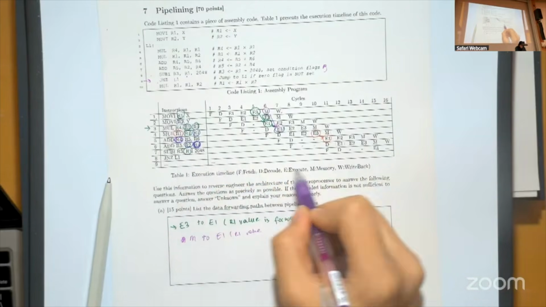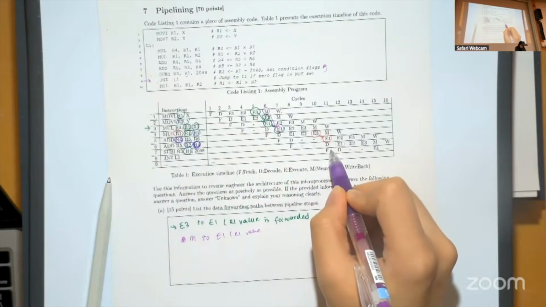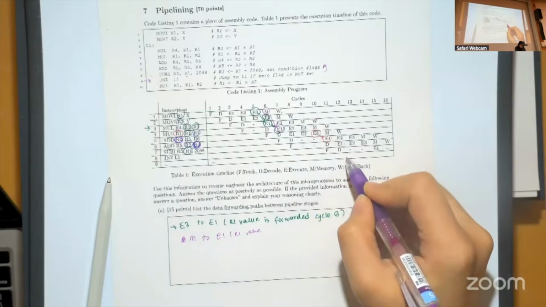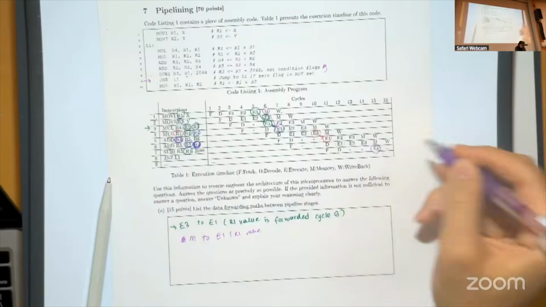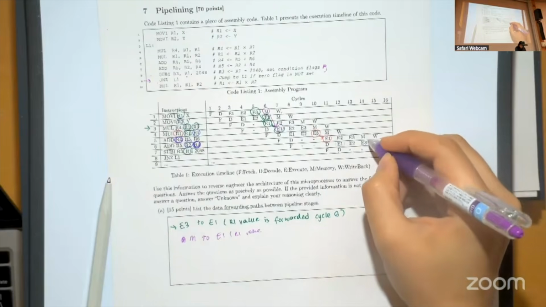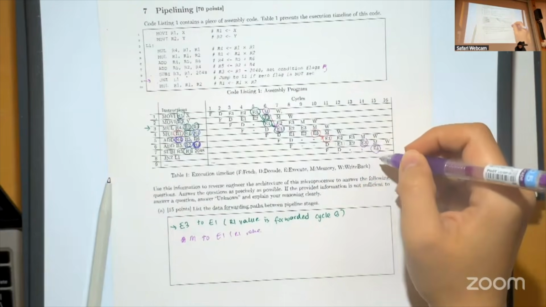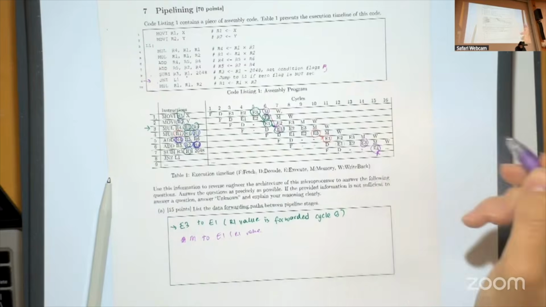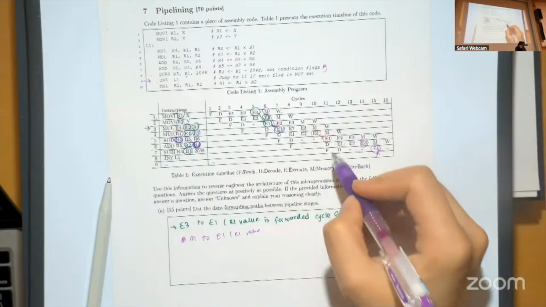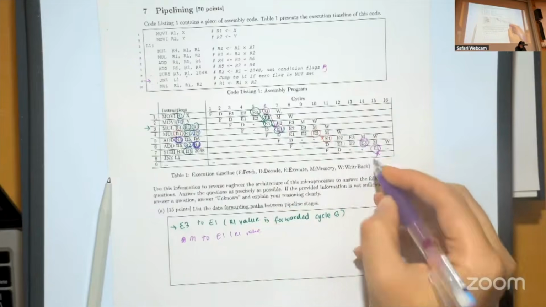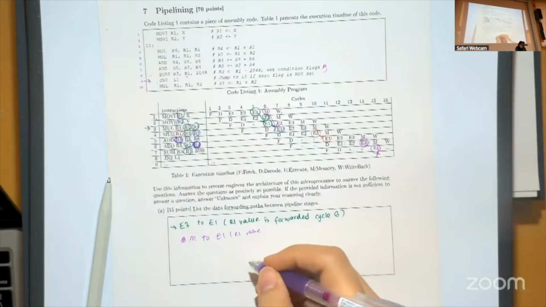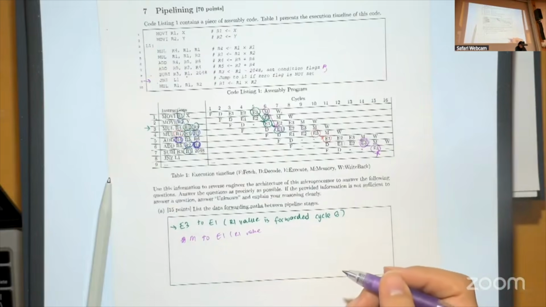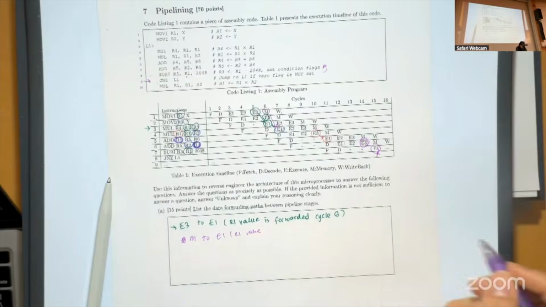So to be able to execute that, that dependency needs to be solved. And here we see that this instruction is fetched at this cycle 11 and then decoded, and then waits for a couple of cycles and is executed at this part. So you can see that after the execution is done, you don't need to really do this because that's not part of the execution. So basically at this point, the result is forwarded to the condition register, yes.